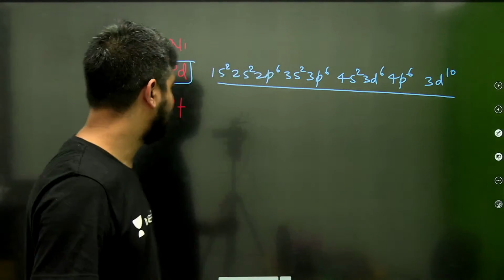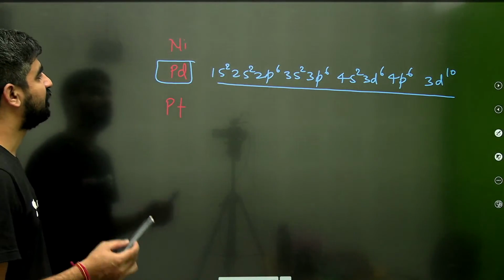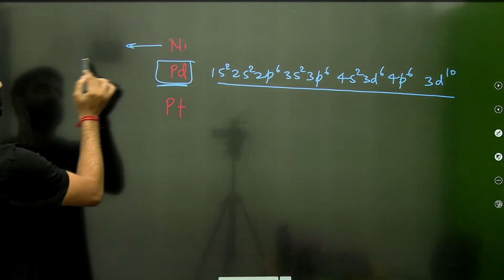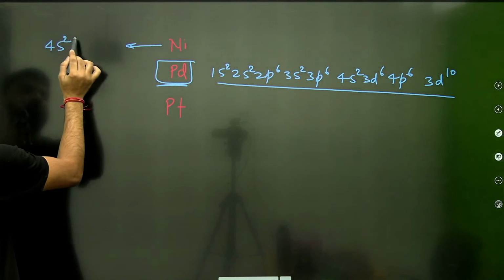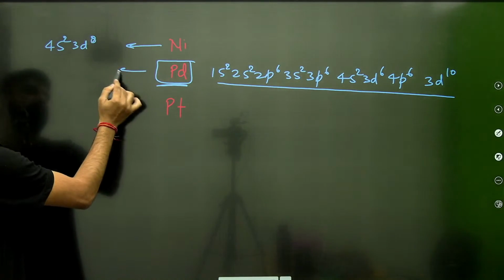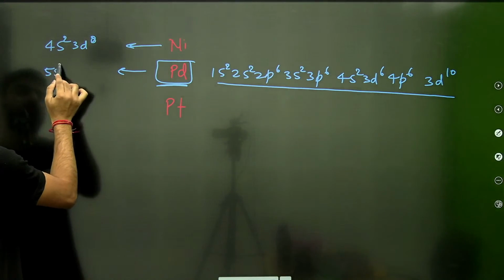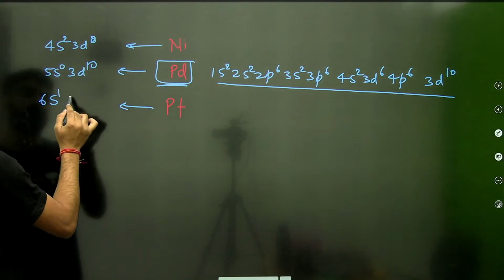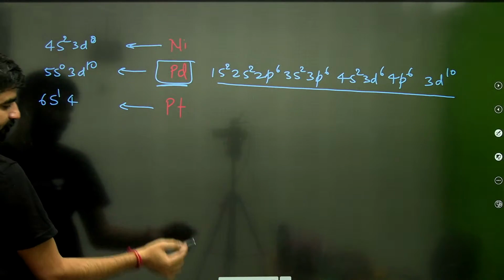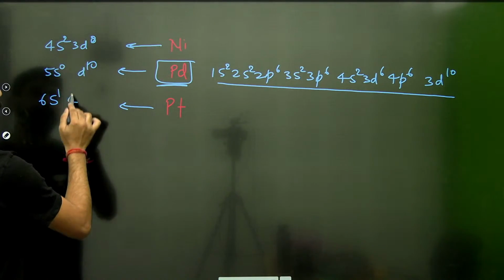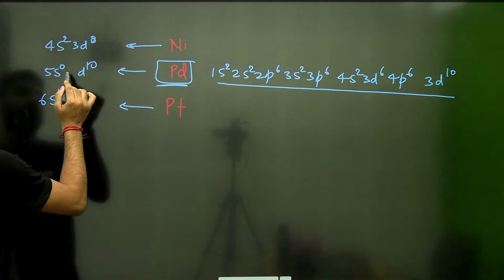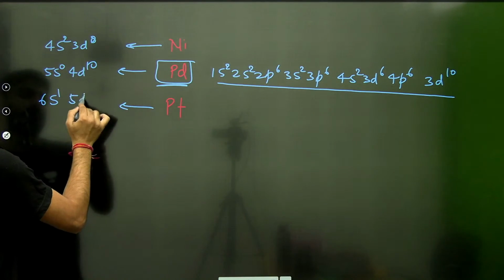Okay, now I will tell you guys. In this case, the configuration for nickel is 4s2 3d8, for Pd 5s0 4d10, for Pt 6s1 5d9.